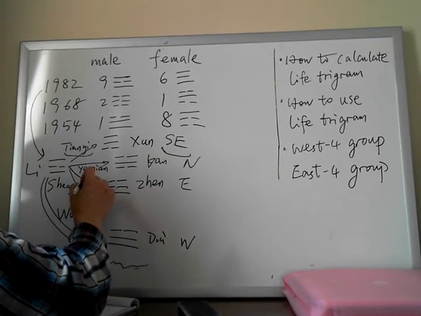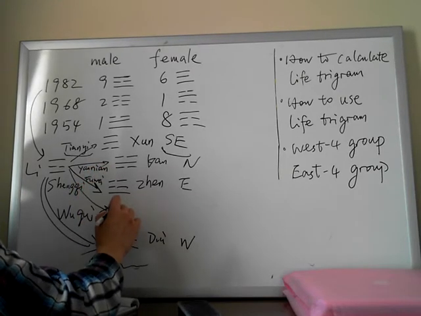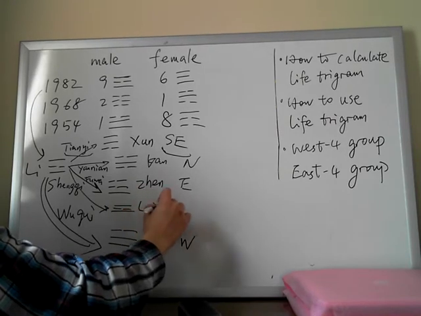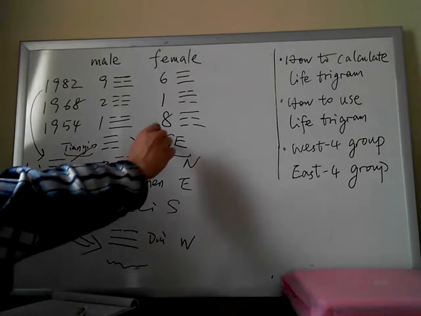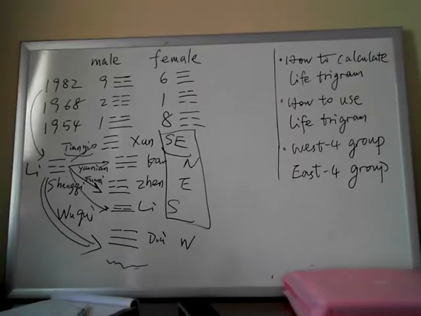This is Fu Wei, which would be the same, south. So for this person born in 1982, a guy, if you are facing southeast, north, east, or south, this would be great.